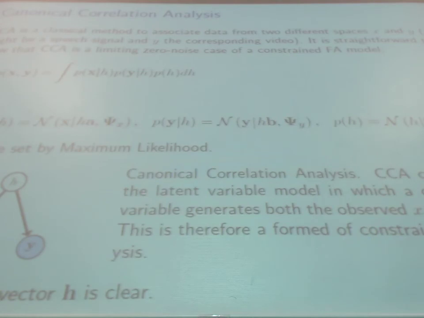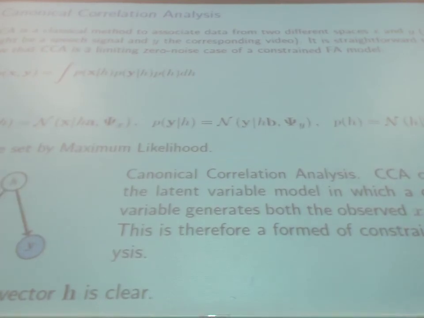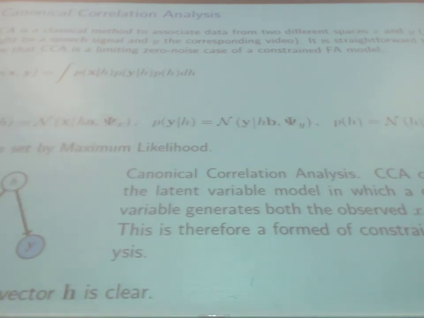There's something low dimensional which is going to perhaps explain the correlation between the video and the audio, and a very simple model would be to say that's a linear effect, that there's some H which is latent and common to both, which is generating in some way both of these things. So you could have this kind of structure. Again, it's a conditionally independent structure. This H is making X and Y conditionally independent.